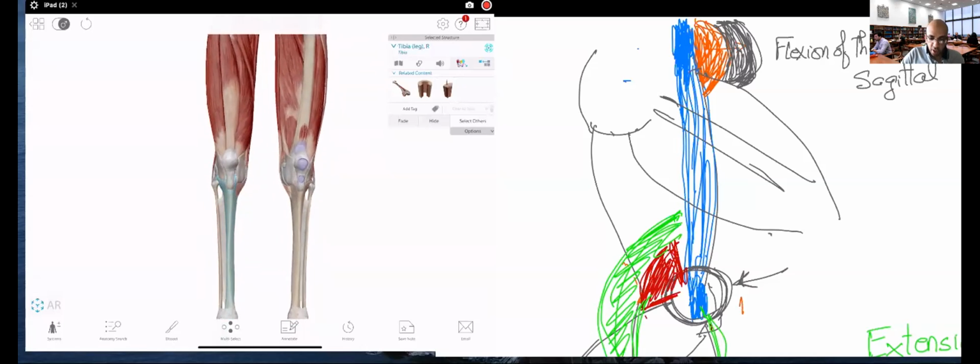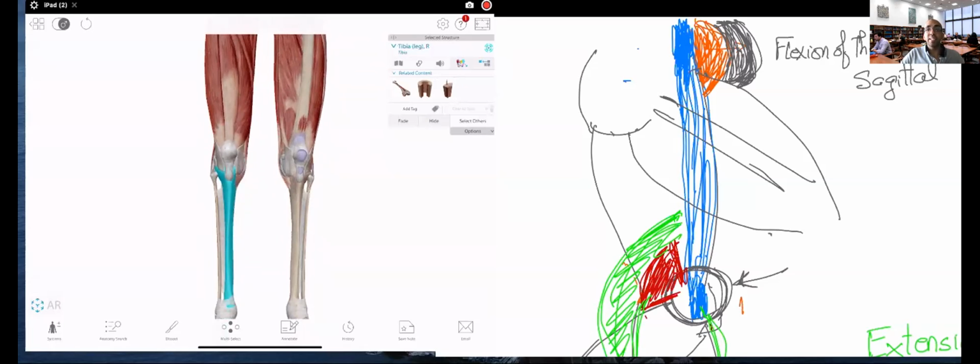So all of them are traveling in front of the knee. All four will be exerting a force, and this force is conducted through the quadriceps tendon to reach the patellar ligament and will be pulling the tibial tuberosity.